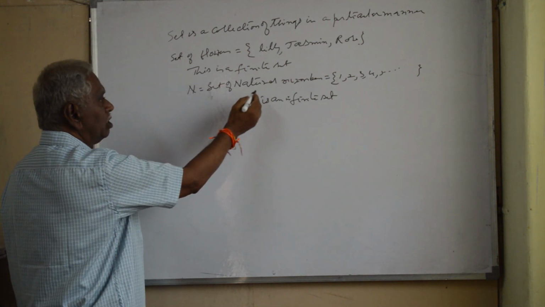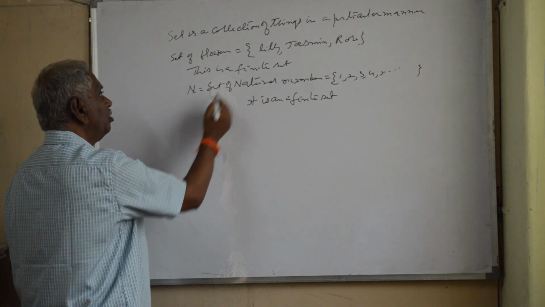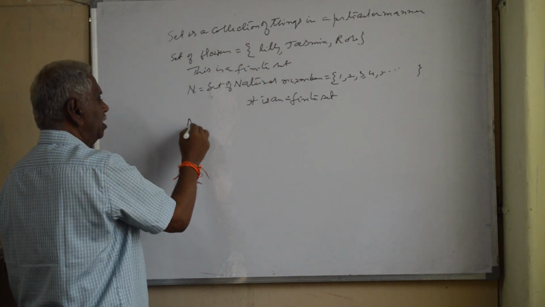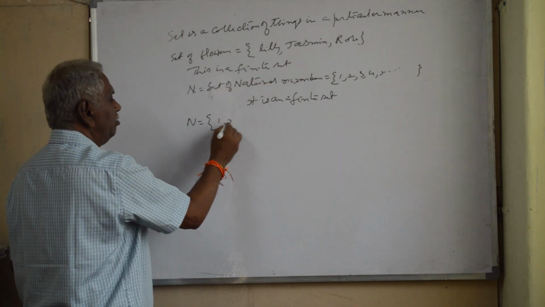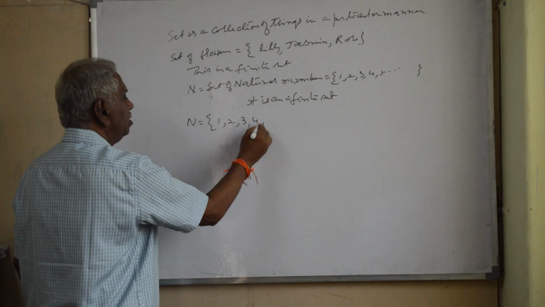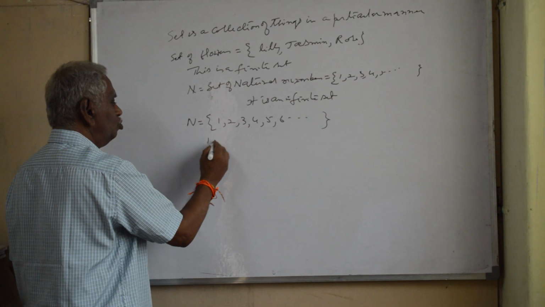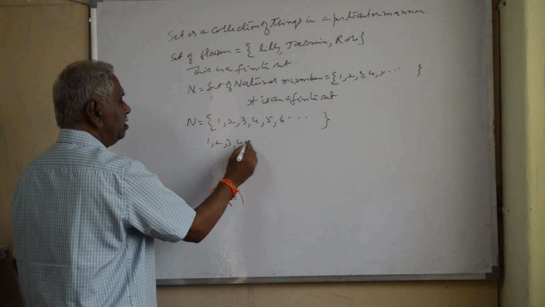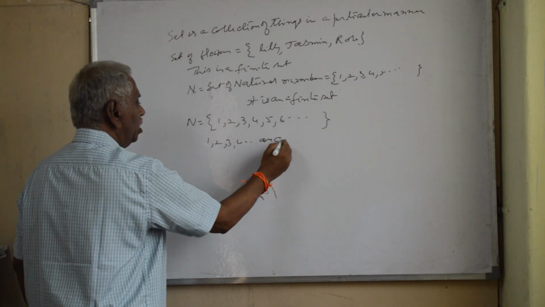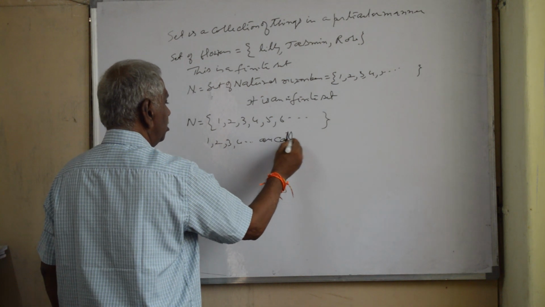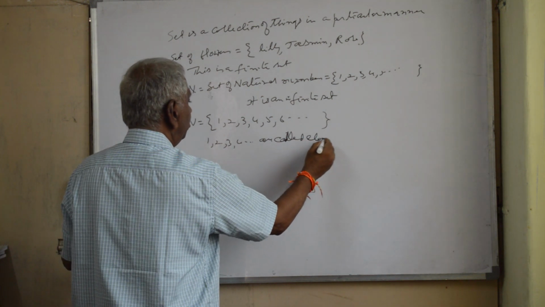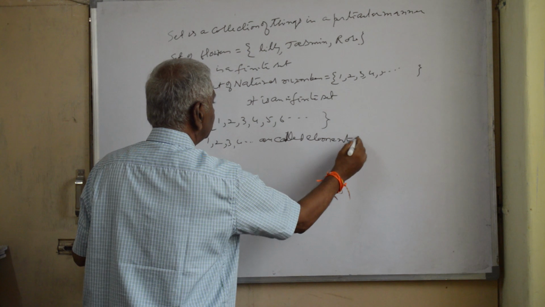These are called elements of the sets. Suppose N is equal to 1, 2, 3, 4, 5, 6, etc. These are called elements of the set.